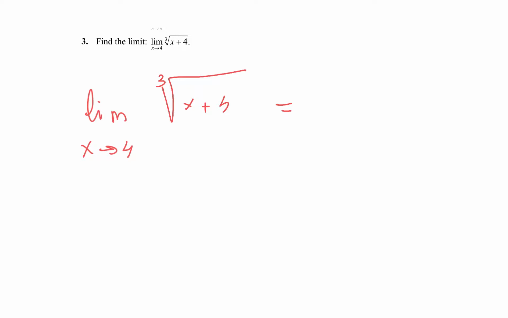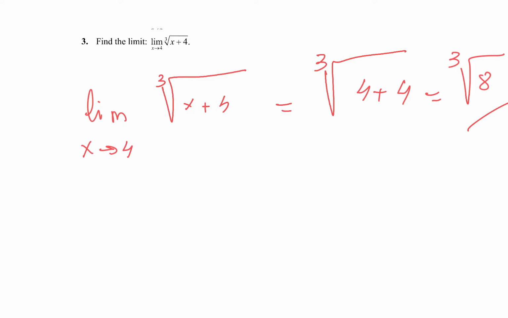So this limit approaches the cubic root of 4 plus 4, the cubic root of 8. And what is the cubic root of 8? 2 by 2 by 2 is 8, so it is 2. So this is the limit.